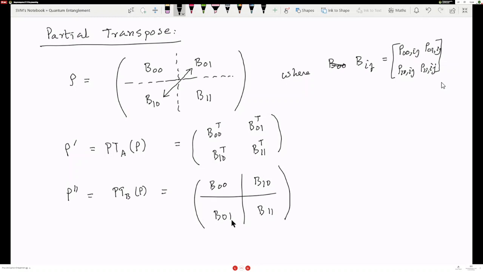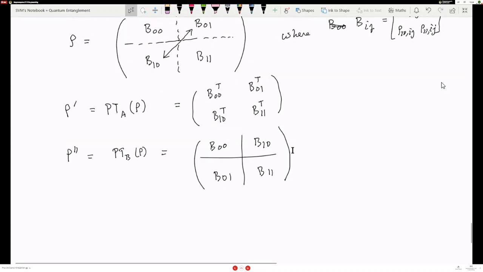Now, the theorem that is proved by Horodecki is the following.